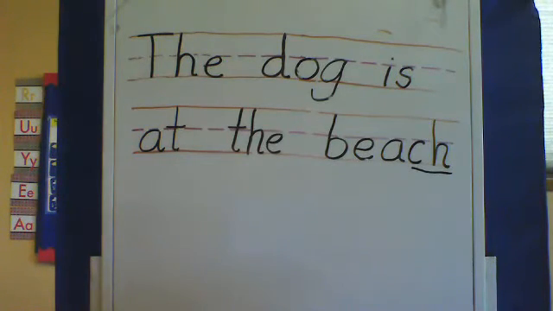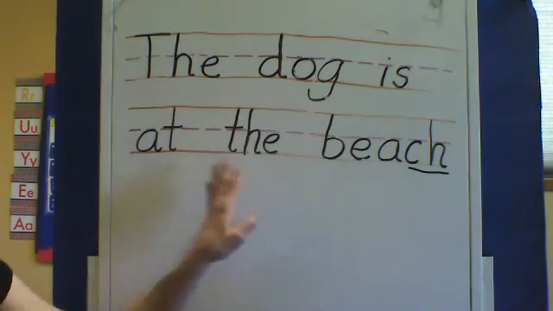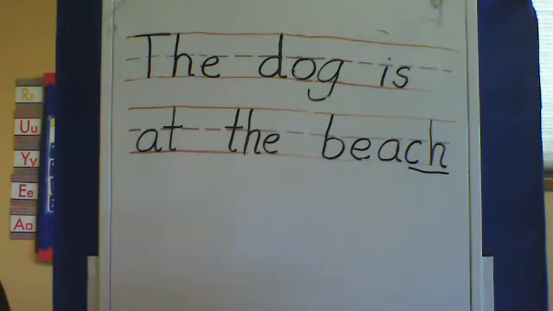And then I asked, okay, our sentence, let's read it one more time. The dog is at the beach. Does it look like we're done? Does it look like we've done a good job? And they said yes, but then I had them look a little closer and remember what we say about sentences. And so we said it again, and then they figured out what was missing.